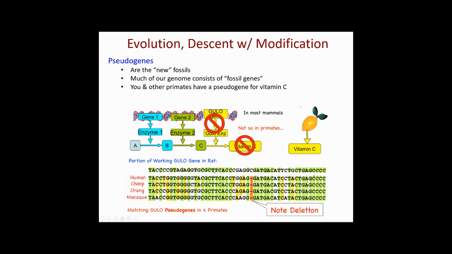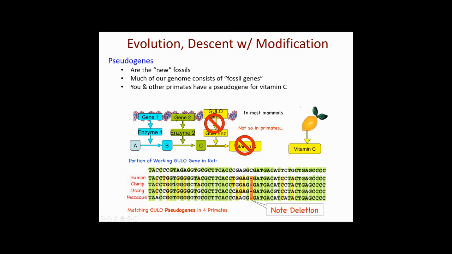This particular mammal has a perfectly functioning GULO gene and can create its own vitamin C necessary for a healthy body. So rats, unlike us, don't need to go eat fruits and vegetables to prevent scurvy or a lack of vitamin C. Their body naturally creates it for them.